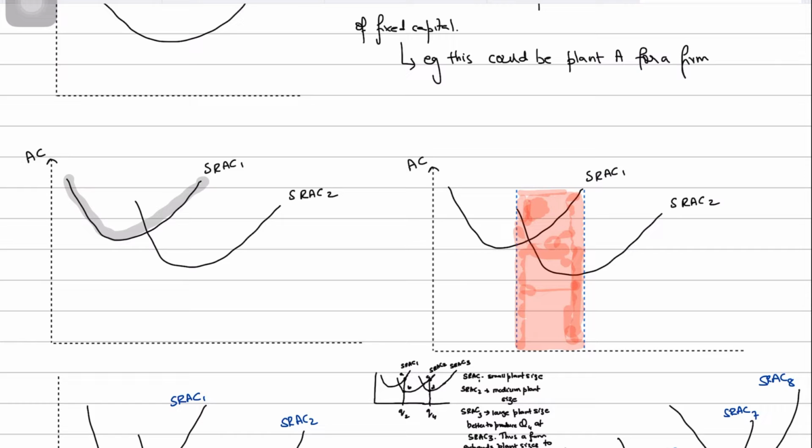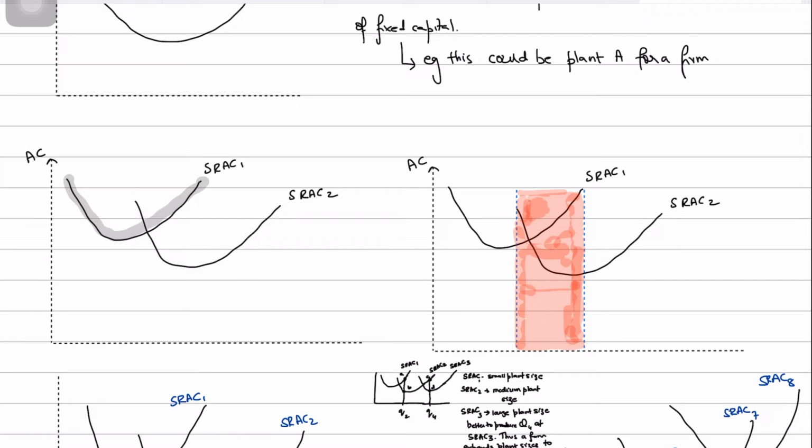So that's exactly what I'm saying: we have another SRAC2 for that other level of capital, or that other factory. And this SRAC2 corresponds to the different level of capital that the firm could hold, right?